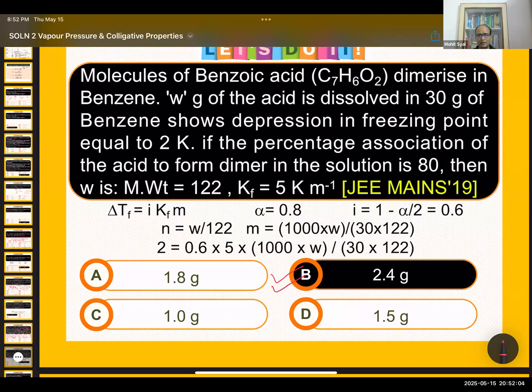A lot of these questions are there in the NCERT textbook and the NCERT exemplar textbook. So make sure that you are able to do this problem. If the mass is given, I will find the moles like this. Let it be W. Is it clear?